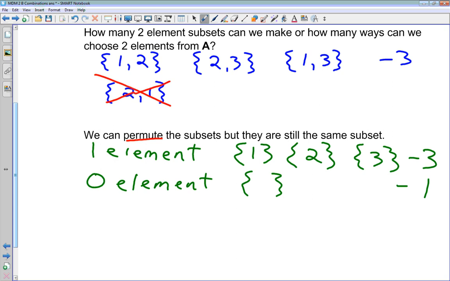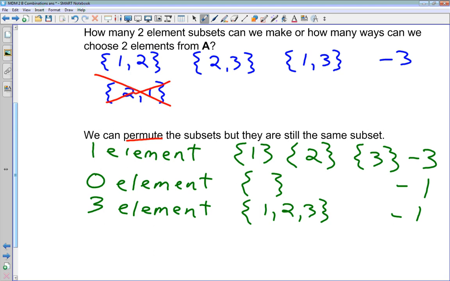And the only other size subset we can make from set A would be a 3-element subset, where we take the 1, the 2, and the 3, because that's the only possible way we can get 3 elements. So in this case, our subset is the same as our original set. That's okay. So there's only one way of doing that.